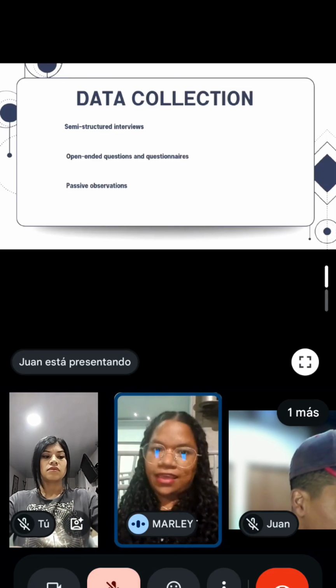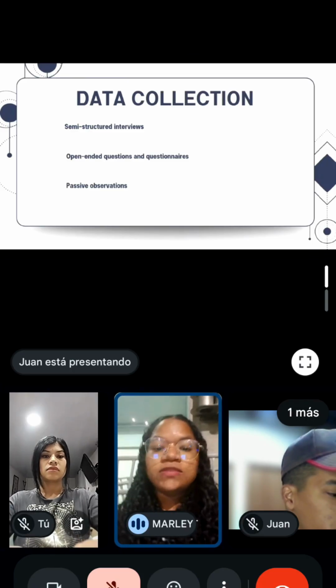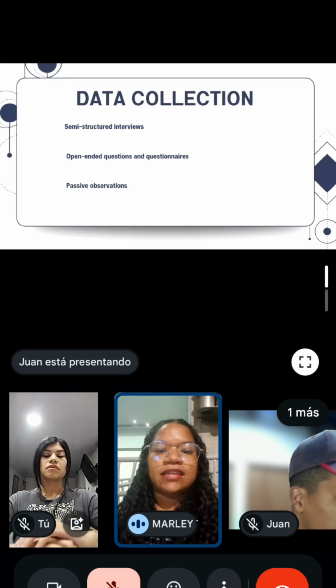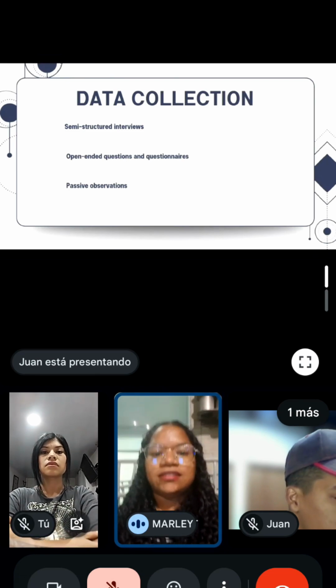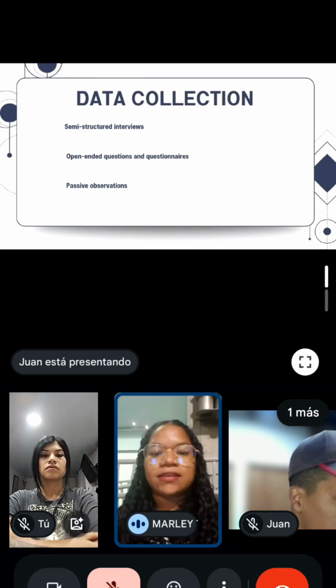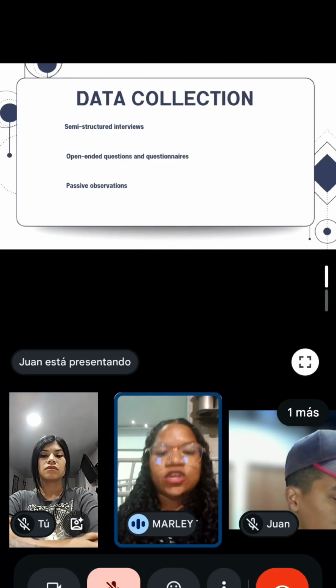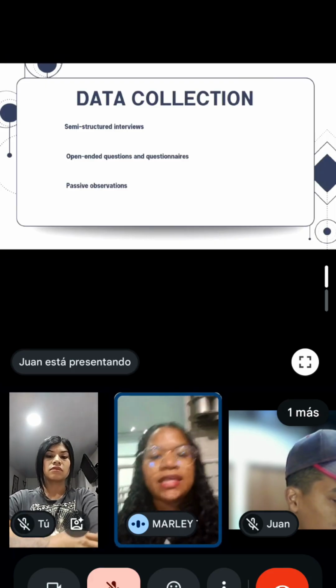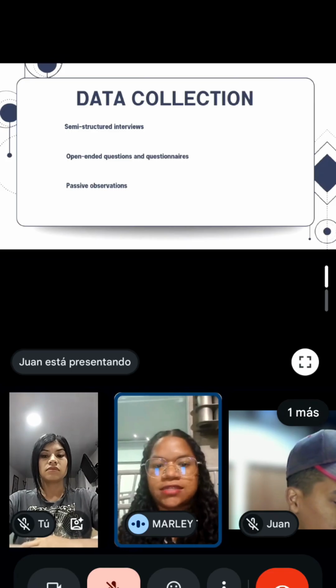For the second objective, which is to identify common patterns in students' access to educational materials and their learning conditions, we will use the second one, which is open-ended surveys and questionnaires.